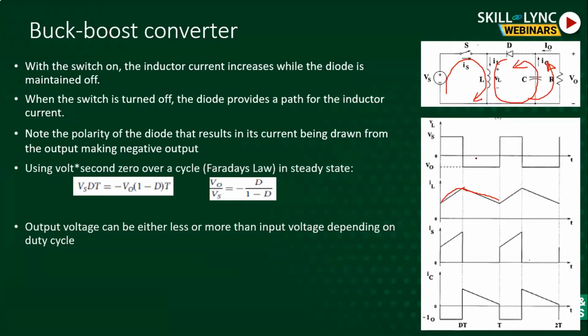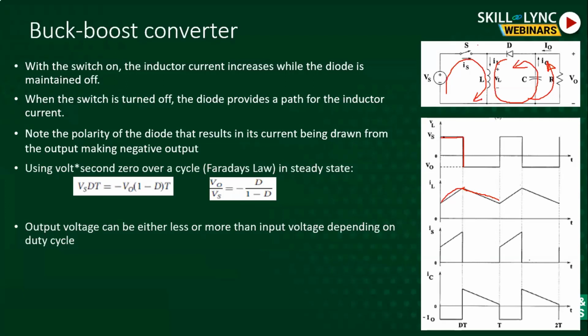In a similar way, when the switch is on, the voltage seen by the inductor is Vs, and whenever the switch is off, the diode is conducting and the output voltage is seen by the inductor. This waveform is very important for students to understand, to get a better idea how the equation comes about.